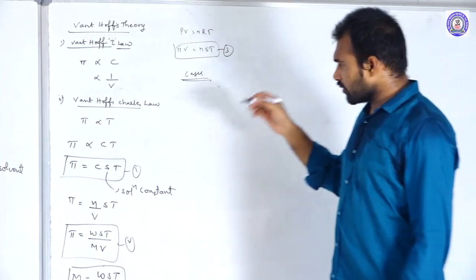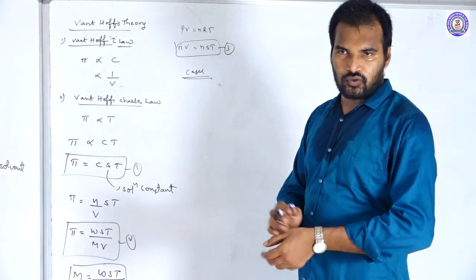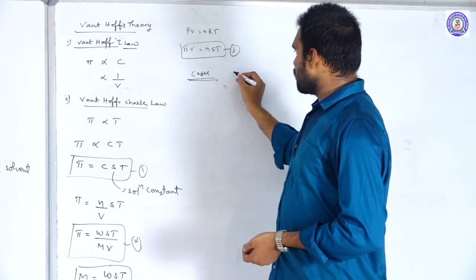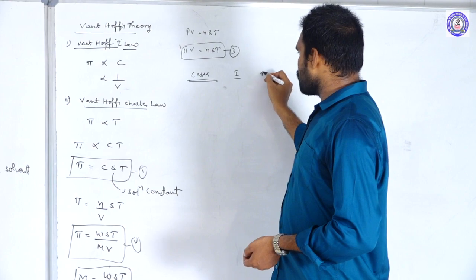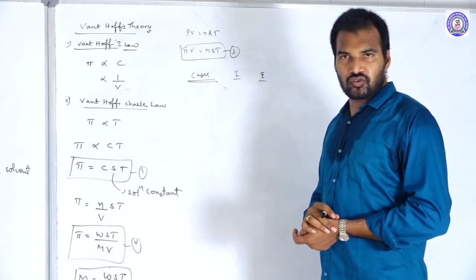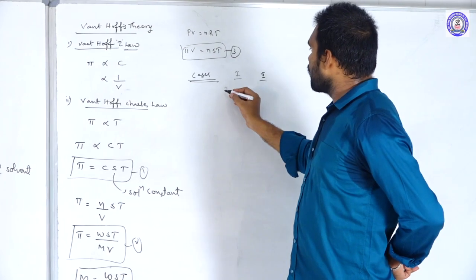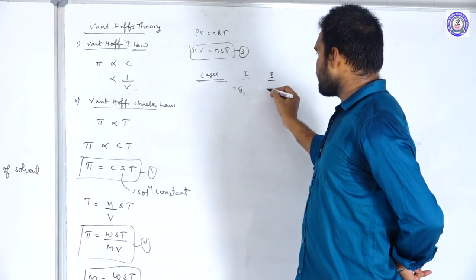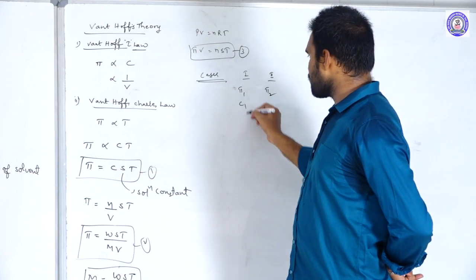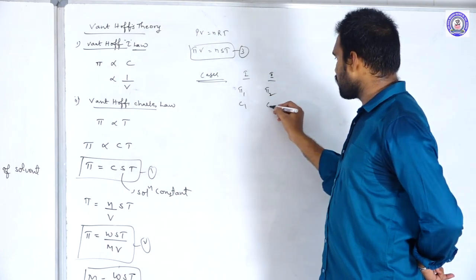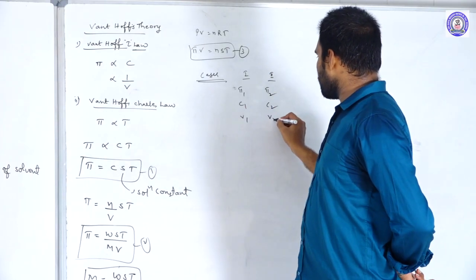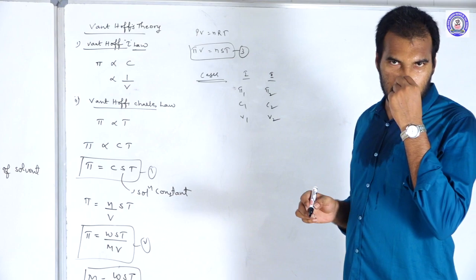Suppose you are taking two solutions, solution 1 and solution 2. The osmotic pressure of solution 1 is π1, of the second one is π2. The concentration of solution 1 is C1, of the second solution is C2. And the volume is V1, of the second solution is V2.